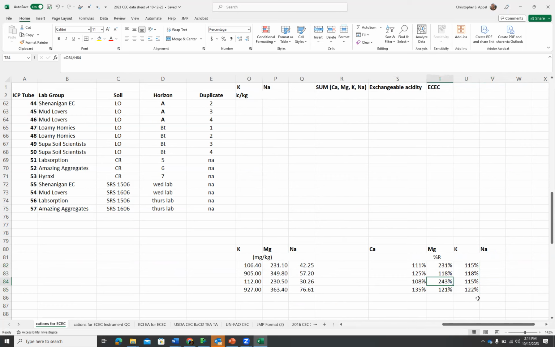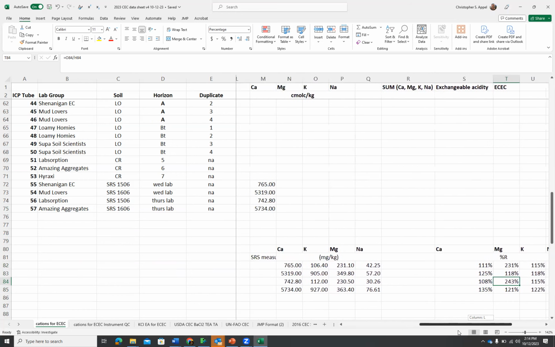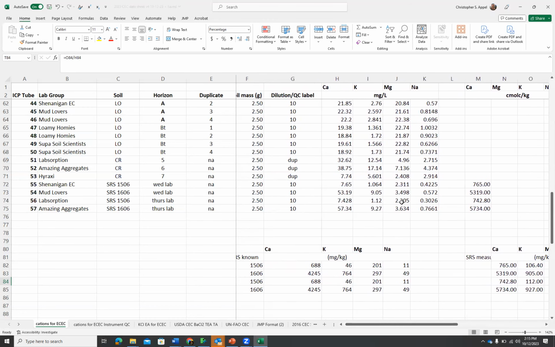We have one magnesium value that's really bad too. So that leads me to believe that there's maybe an issue with that one. Which one is that? That's the second SRS. Those are all above the detection limit though.